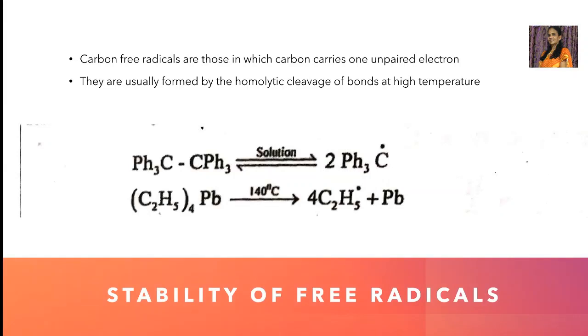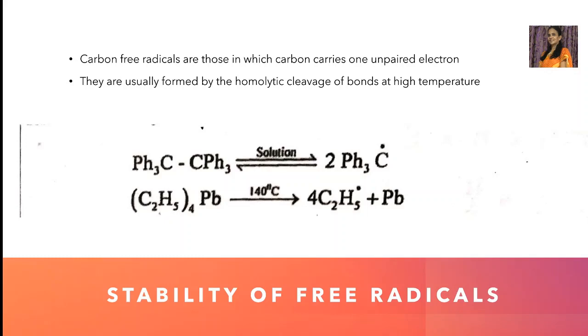Last, the application of mesomeric effect is stability of free radicals. We have already discussed that free radicals are produced during the homolysis or homolytic bond fission of a covalent bond in an organic molecule.